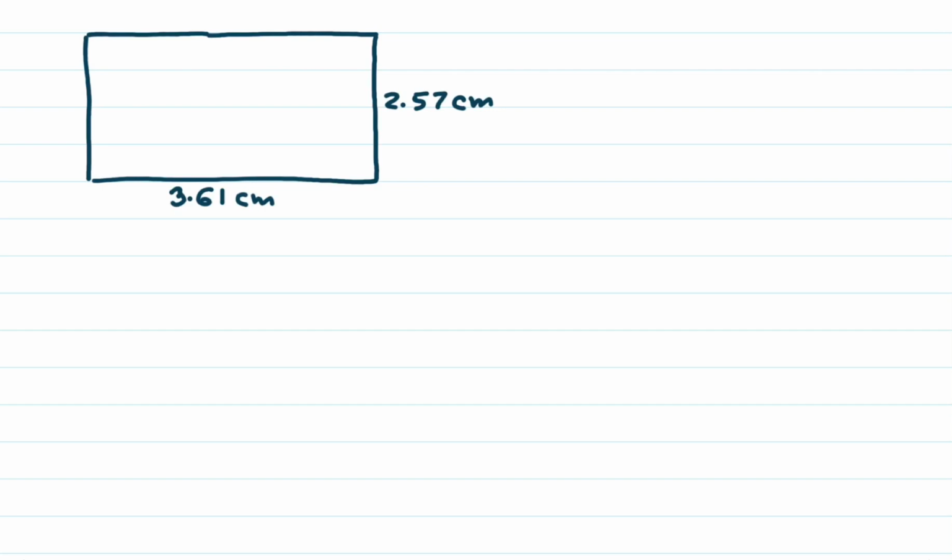The first example has the dimensions of a rectangle where the length is 3.61 and the width is 2.57 centimeter. We will try to write down the upper and the lower bounds for these two dimensions. So let's begin.